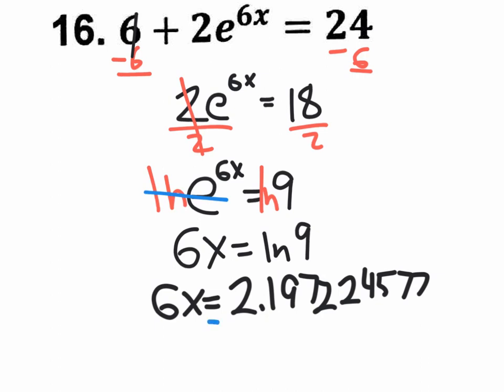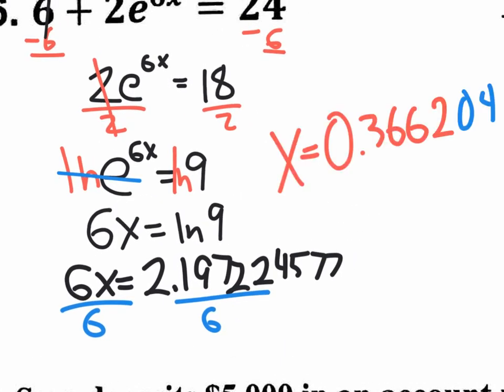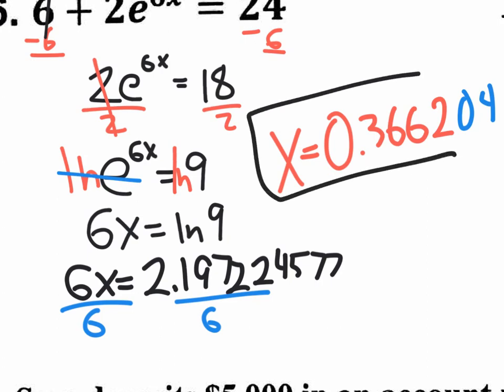The final step would be to divide by 6, and since you did this on the calculator, all you have to do is hit divided by 6, and you get your final answer. Since it says round to 4 decimal places, this is your answer. Notice that the next digit over is 0, so it's not going to change a 2 to a 3. That's your final answer right there.